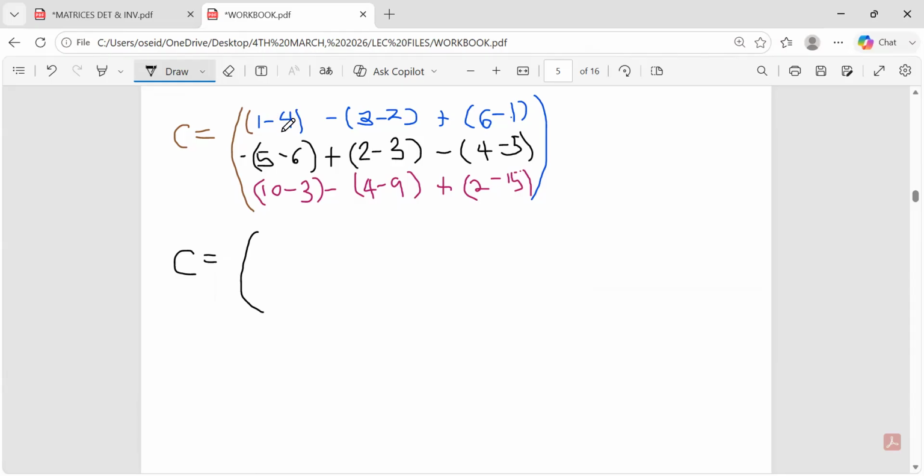Negative 1 minus 4 will give us negative 3. Then negative 3 minus 2 will give us 1. So 1 times negative 1 will give us negative 1. Then 6 minus 1 will give us 5. Positive 5, of course.